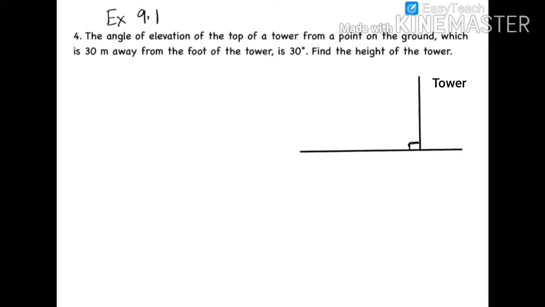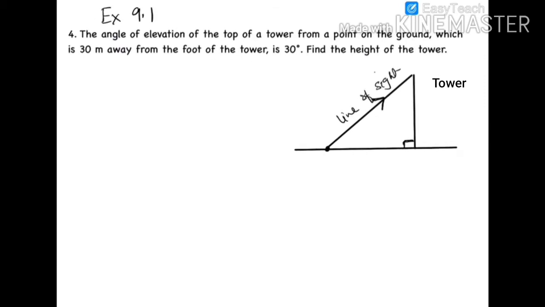The angle of elevation of the top of a tower from a point on the ground. So let's say this is the point on the ground from where we are looking at the top of the tower. This means to look upward, we raise our head. So this is the line of sight, and this is the horizontal level of the eye.